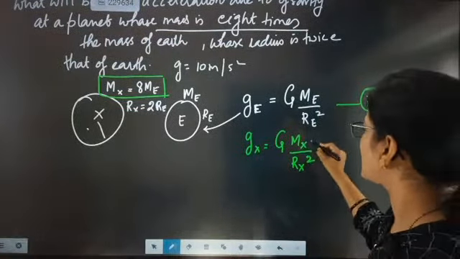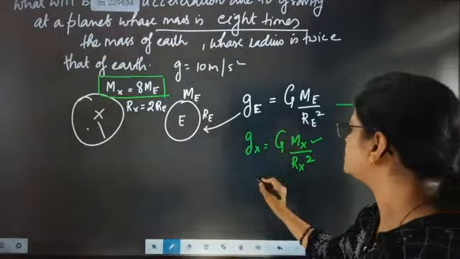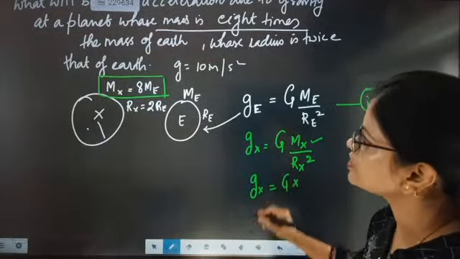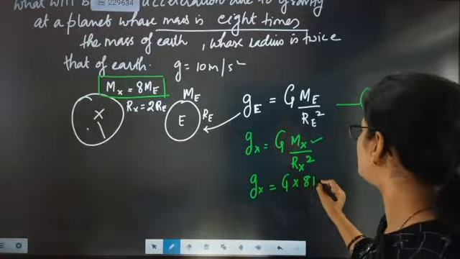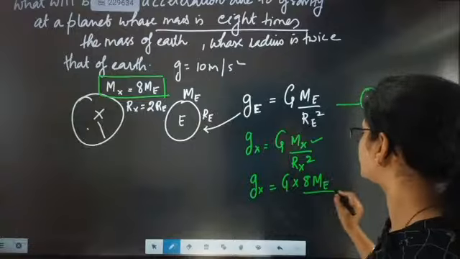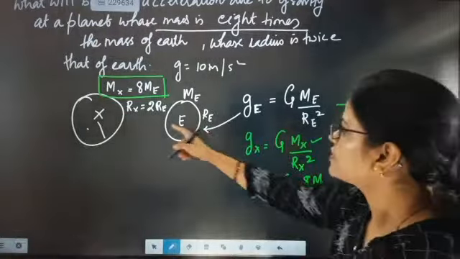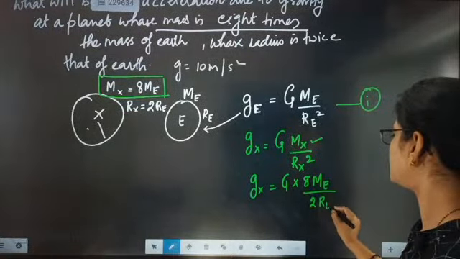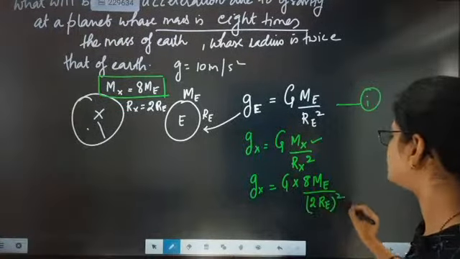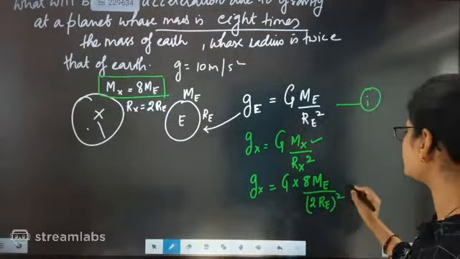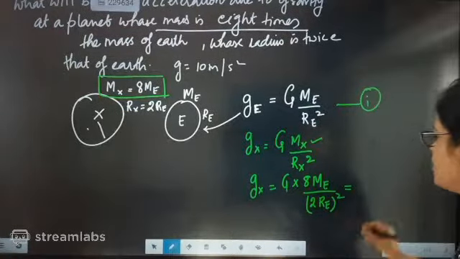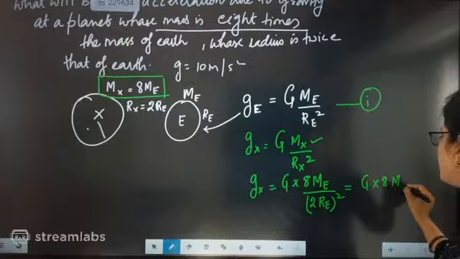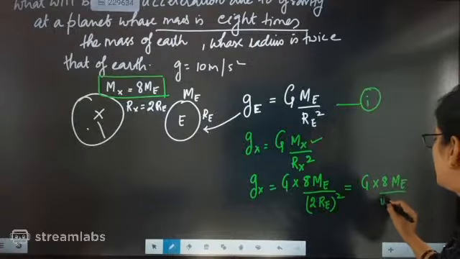The mass of the planet is 8 times that of Earth, so it is 8 into the mass of Earth. The radius is twice that of Earth. I just substituted the values, so what I get is G 8 ME by 4.